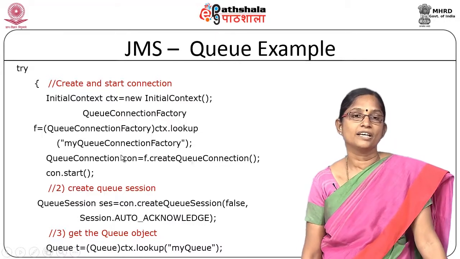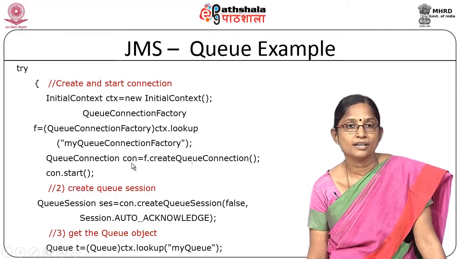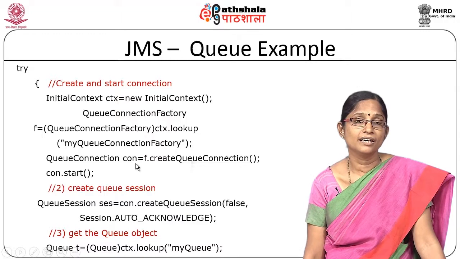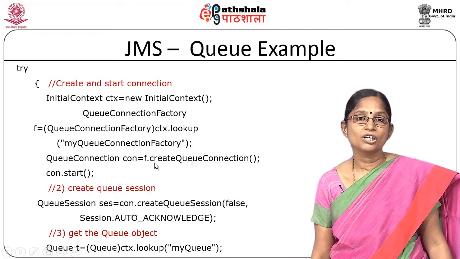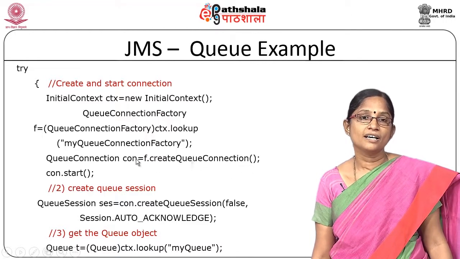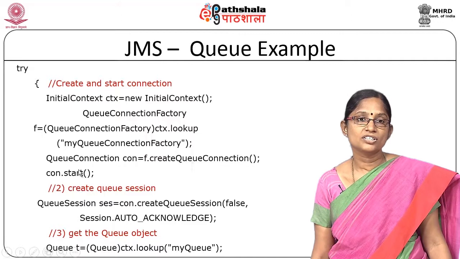Again, from the queue connection factory we have to create a connection, because we have seen earlier that the connection factory creates the connection. For creating a connection, we call a method called createQueueConnection. Once the connection has been created, it needs to be started. That is why we use con.start.